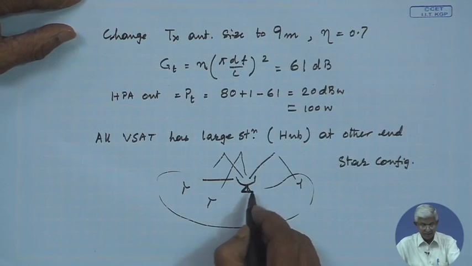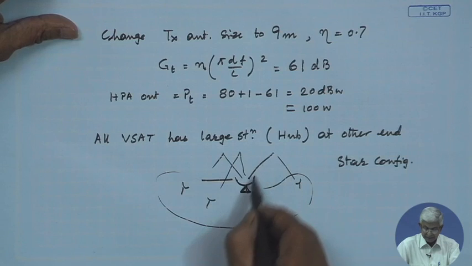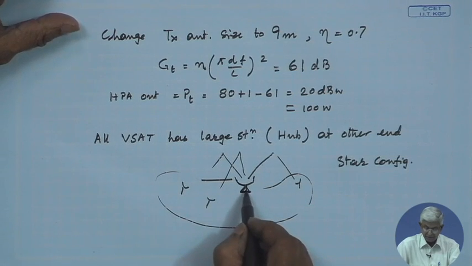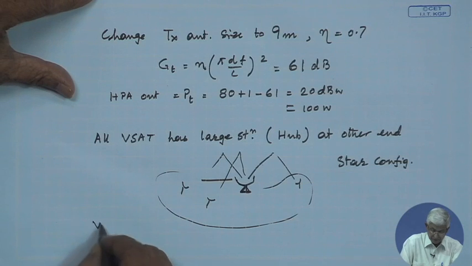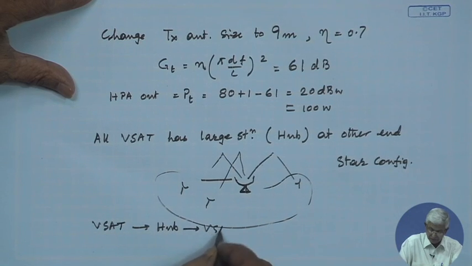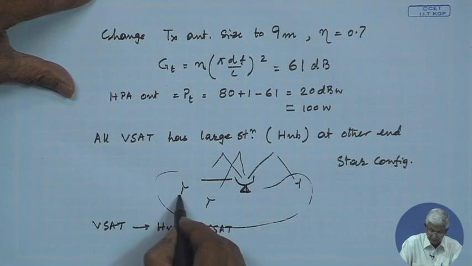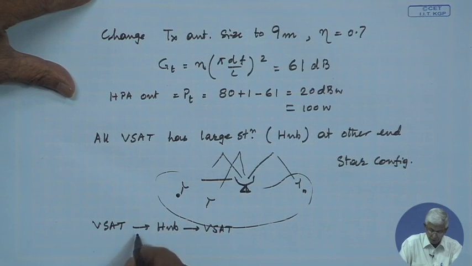One big advantage of star type configuration is the routing from VSAT to VSAT can be easily done at one place. One of the big basic disadvantages is that you are communicating from VSAT to hub to another VSAT. So, if there is a real time communication from this VSAT to this VSAT, you will need 2 hops, and each hop is 250 millisecond.